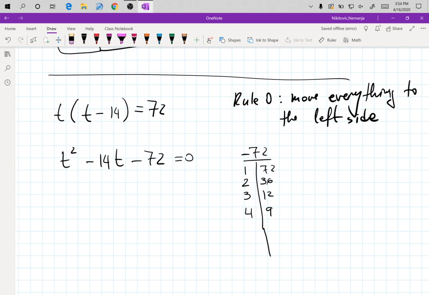Wait, no, this is not 9. 4 into 72 goes once. What did I do? I got all these answers wrong over here. What's going on with my computation? Divide by 3. That's going to be 2 and then 14, 24. And I'll divide by 4.